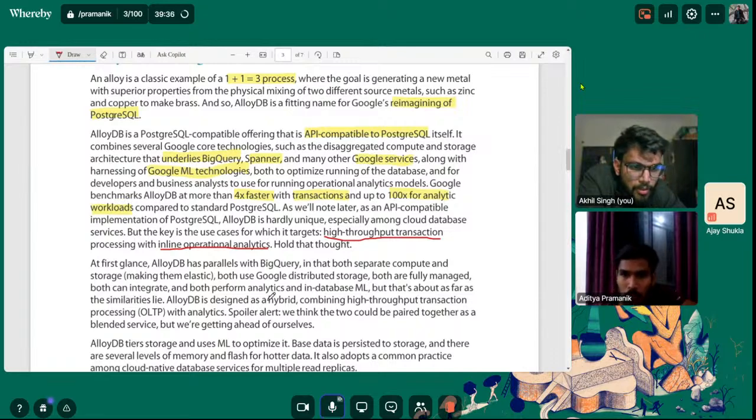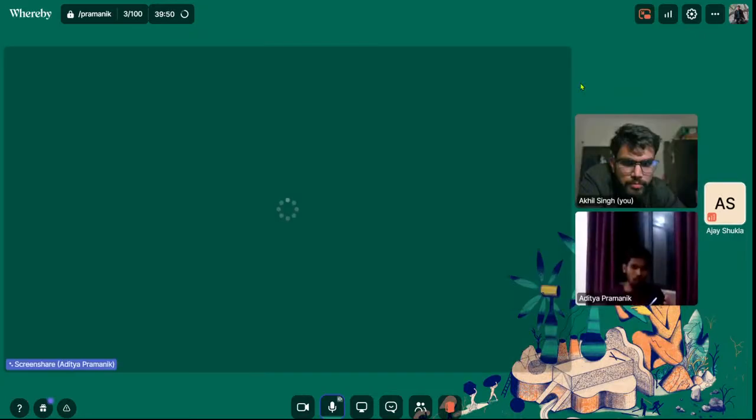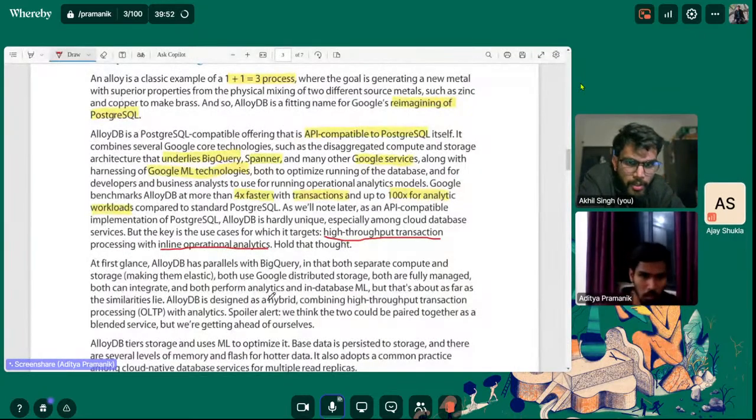High throughput system. Okay, so what I can assume from this is basically the day-to-day transactions. Whenever we use PostgreSQL, and not only PostgreSQL but relational databases in general, when a very high amount of transactions come to the relational database system, it might process a bit slower.